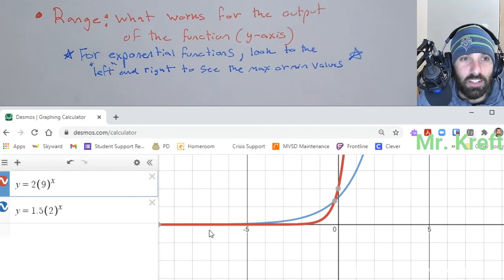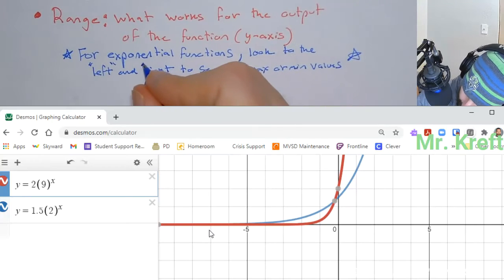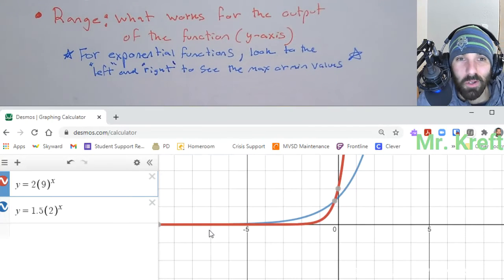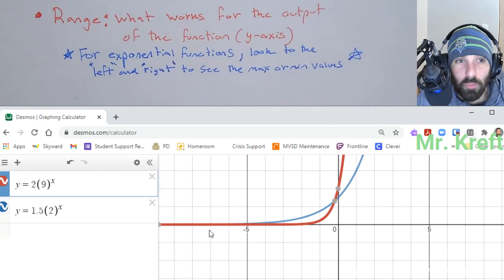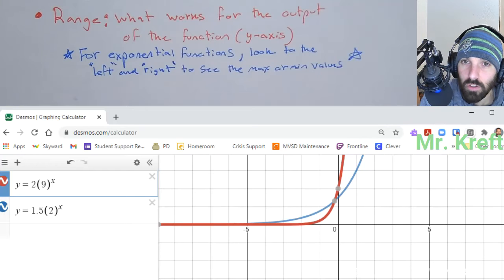That's not going to make sense right now, and it's not always to the left, and we're going to take a look at a couple of different ones. But we're going to look to the left and the right to see our max and min values.